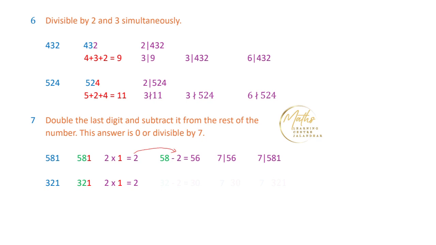Then we subtract this value 2 from the remaining number: 32 minus 2. The answer is equal to 30. Now 7 does not divide 30. It means that the given number is not divisible by 7, that 7 will not divide the number 321.